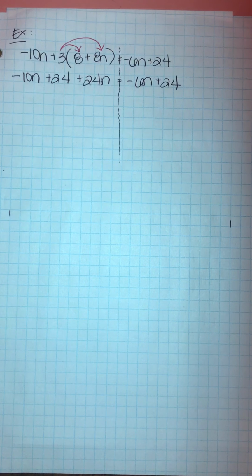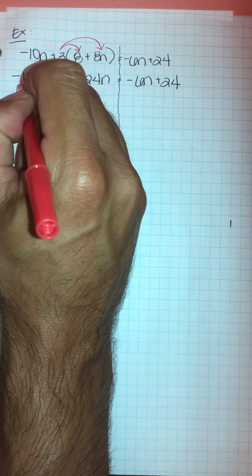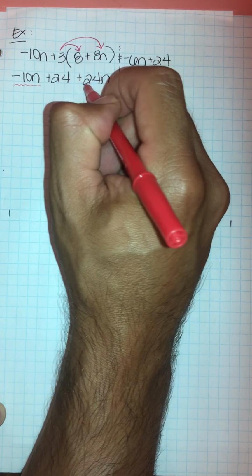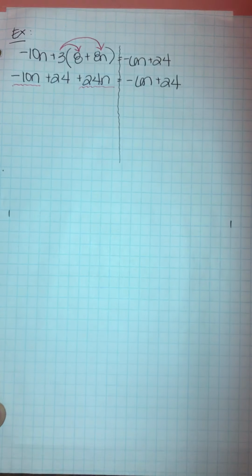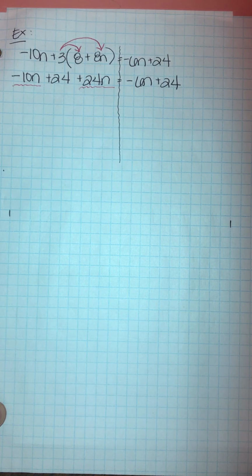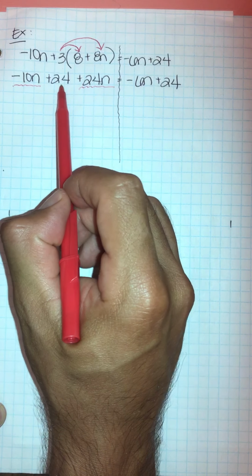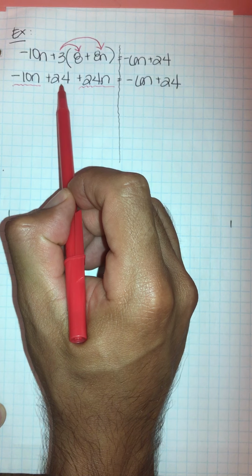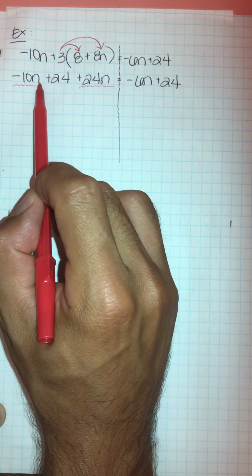What we will notice here, when we look at the left-hand side, is we have this negative 10n and this positive 24n. We're going to combine those two because those are like terms. This positive 24 here is not a like term because it does not have an n like these two.